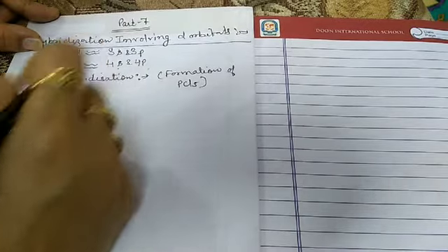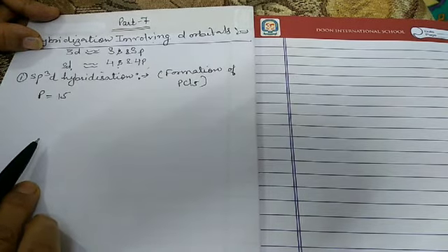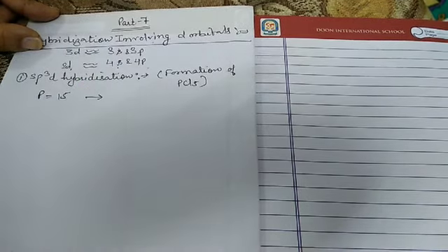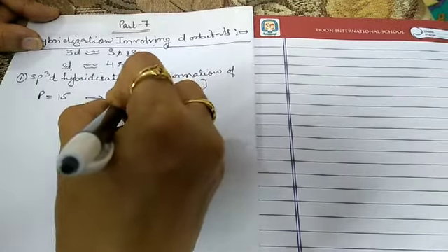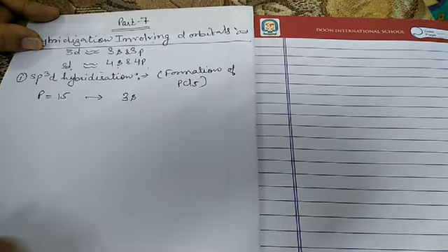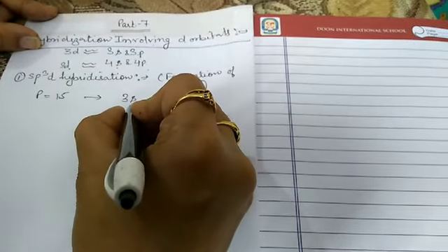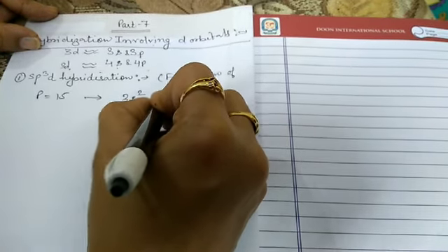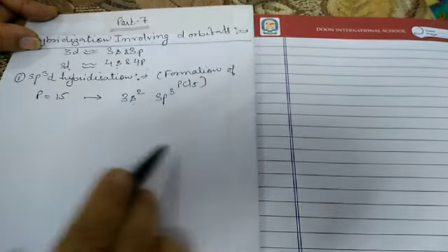So the ground state and excited state outer configuration of phosphorus, atomic number 15. In the electronic configuration, I am talking about only the last two orbitals: 3s has 2 electrons and 3p has 3 electrons.